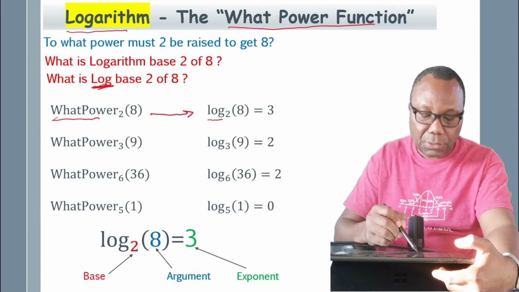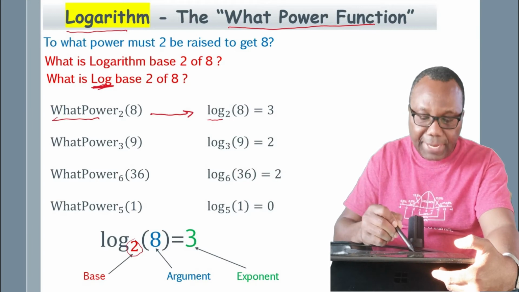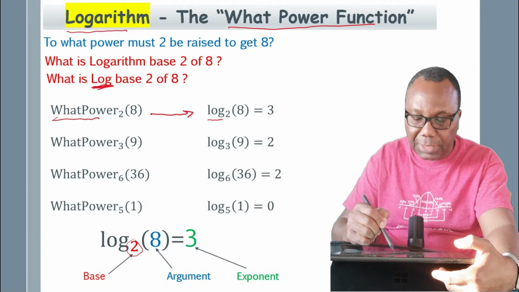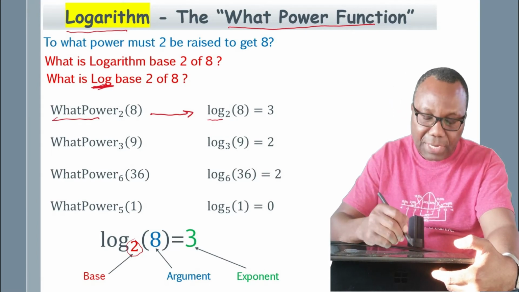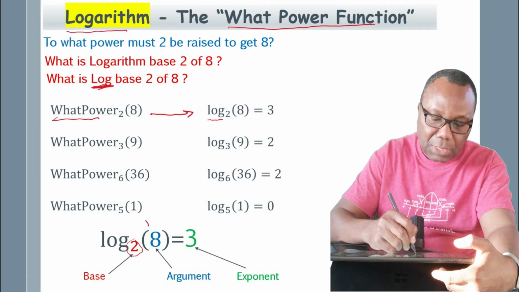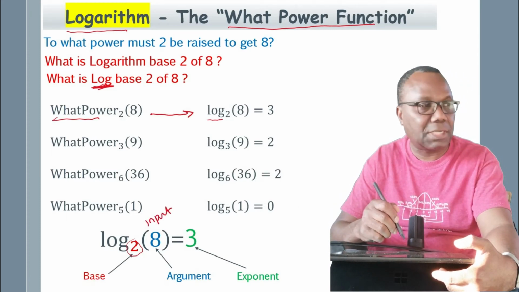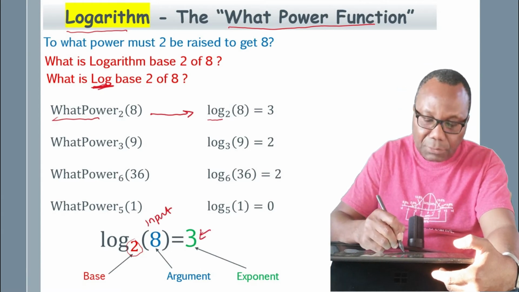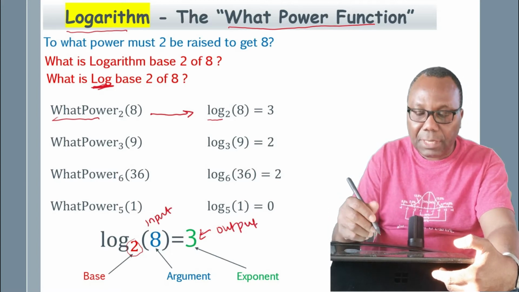This 2 is the base, the 8 is called the argument, and the 3 is called the exponent. In other places, you might find that the 8 is referred to as the input of a function. If you think of logarithm as a function, that 8 will be the input, and the 3 will be the output.